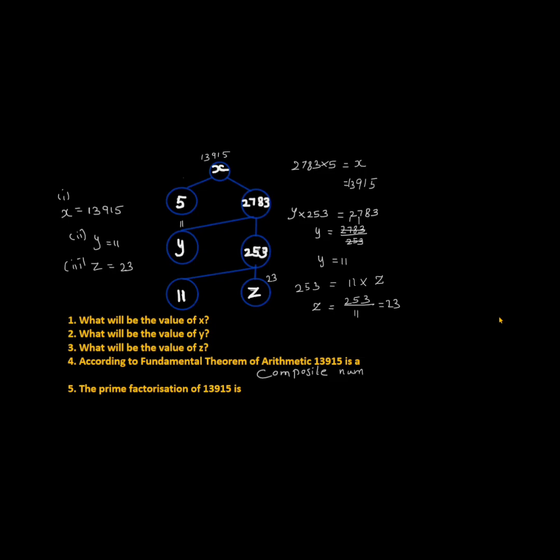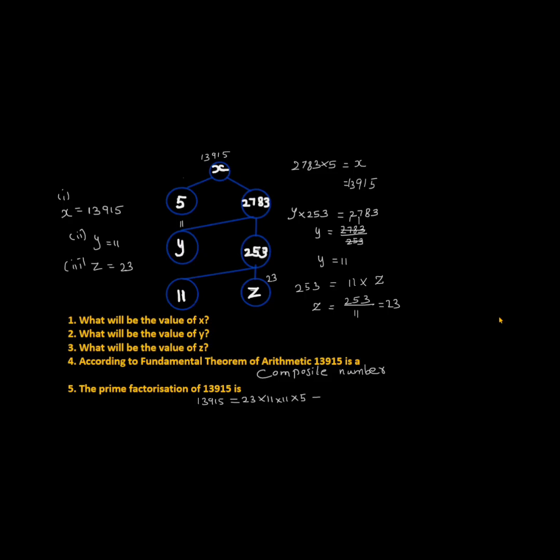It is a composite number because it is a product of primes. The prime factorization of 13,915: look at the tree. z is 23. 23 into 11 we get 253. 253 into 11 we get 2783. 2783 into 5 we get 13,915.